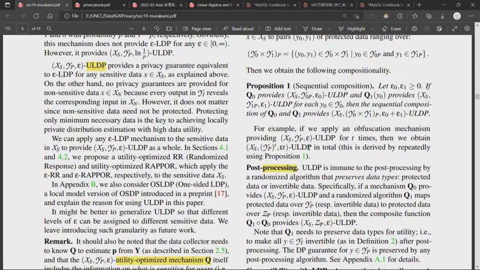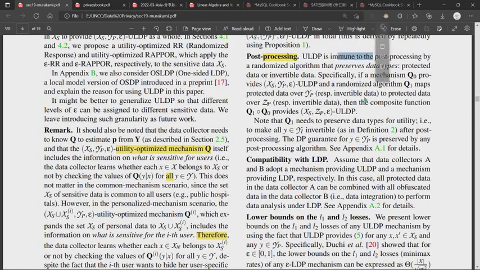And post processing, that's what we call the composition. It's immune to post processing by a randomized algorithm that preserves data types. If a mechanism provides this LDP, and a randomized algorithm Q1 maps protected data over YP to protected data over ZP respectively, then the composition function provides this.